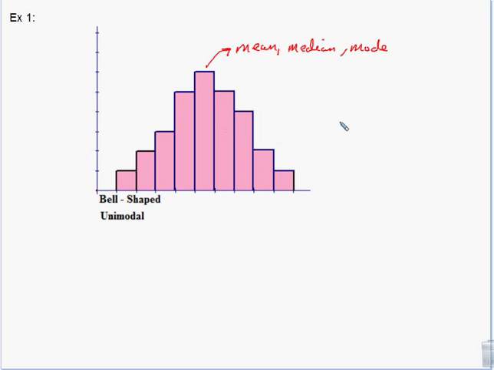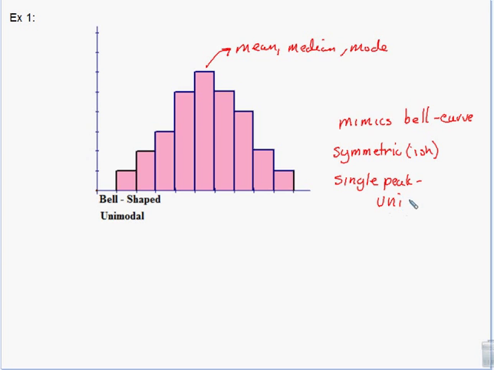Okay, so this mimics a bell curve, right, because we have that sort of whoosh shape. It's symmetric, or at least close to. So I'm just going to put symmetric-ish. Okay, there's a single peak. And that's why it's called unimodal. Uni meaning one, like in a unicorn, one horn.